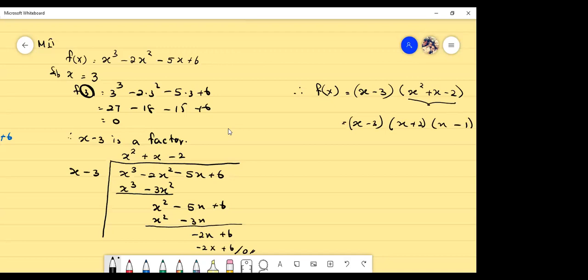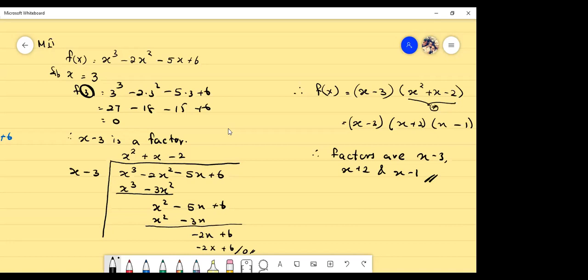Simply we can take the factors of this. Therefore, the factors are x minus 3, x plus 2 and x minus 1. Okay, this needs only one substitution instead of 3. Got it?